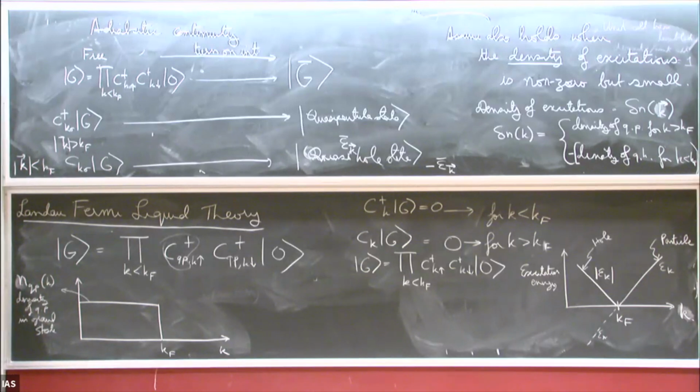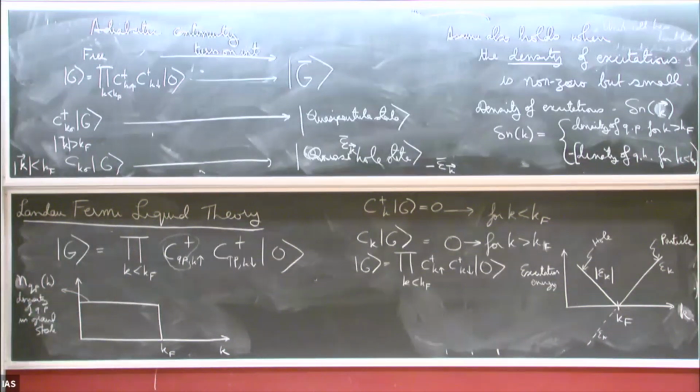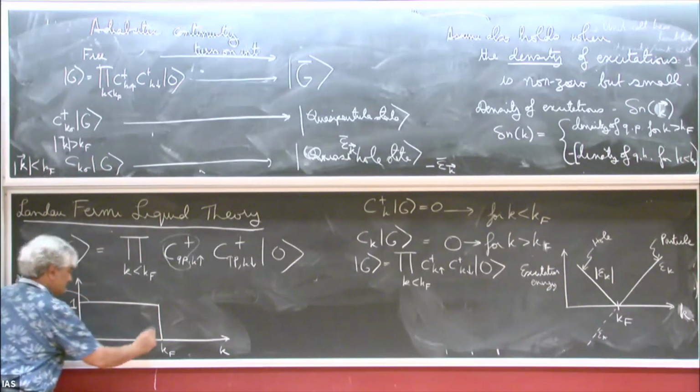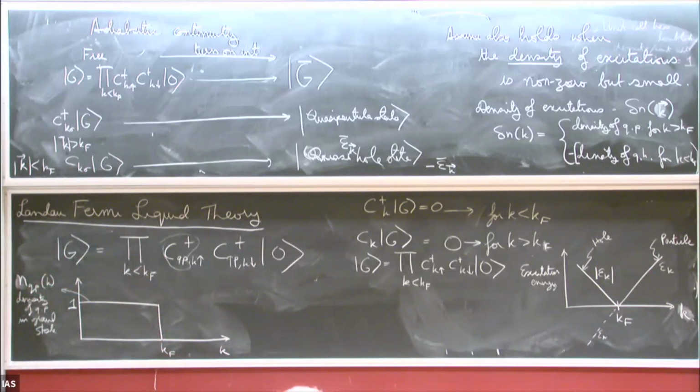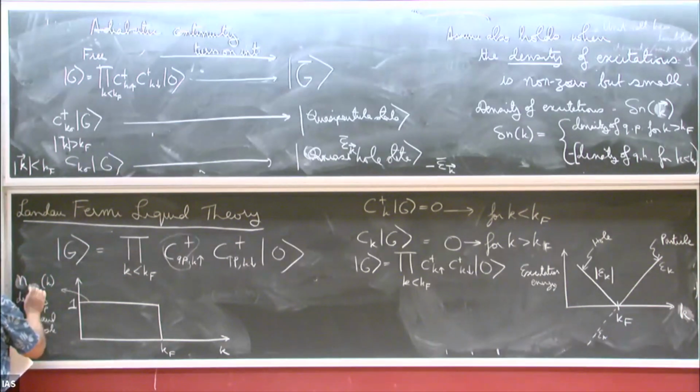Okay. So therefore, we're going to define the distribution function of the actual quasi-particles in the ground state to go from, sorry, this is 1, and then it goes to 0. Then, this thing I'm going to call N0 of k.